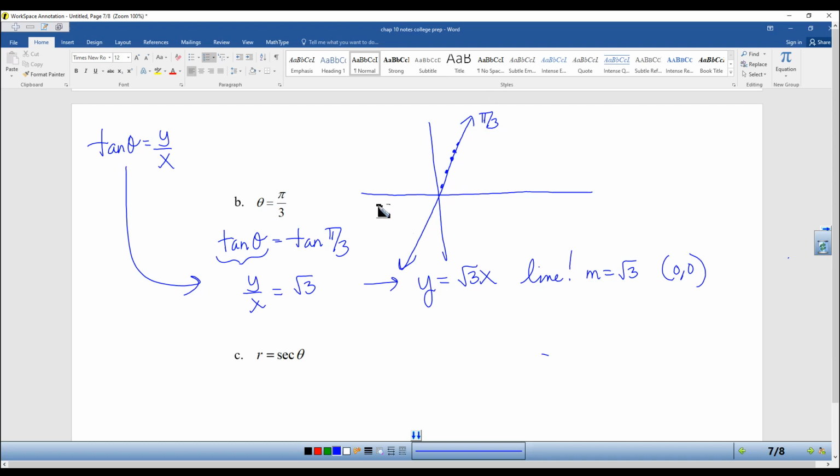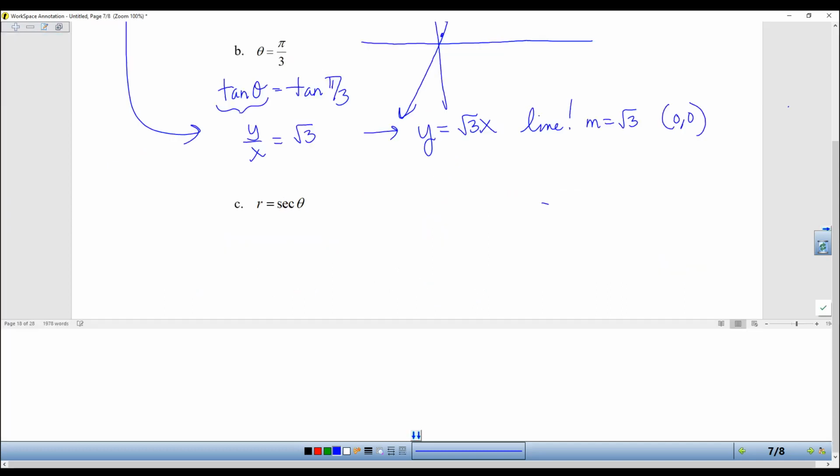It could be anything. So by them saying theta is equal to pi thirds, it makes sense that it's a line. And it's a line whose slope is the square root of 3, because that would be tangent. So like I said, I know that these are a little tricky. Your first instinct might be to square it. That's what we did last time we saw an r.